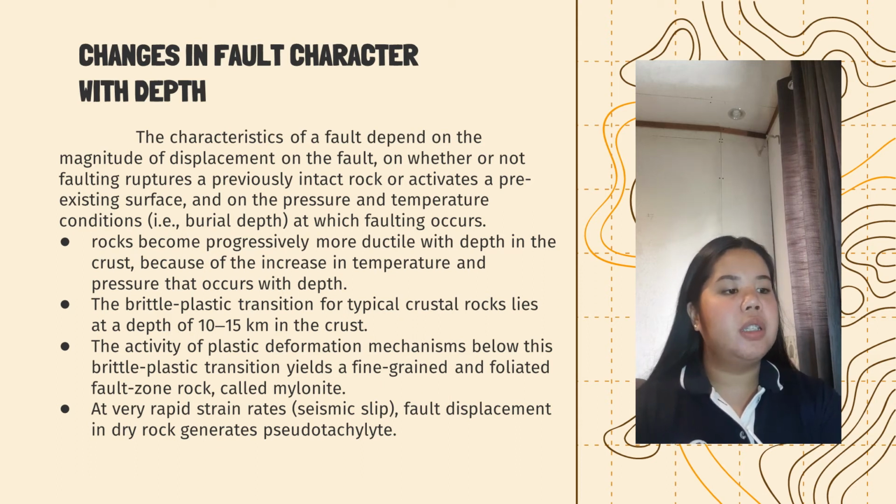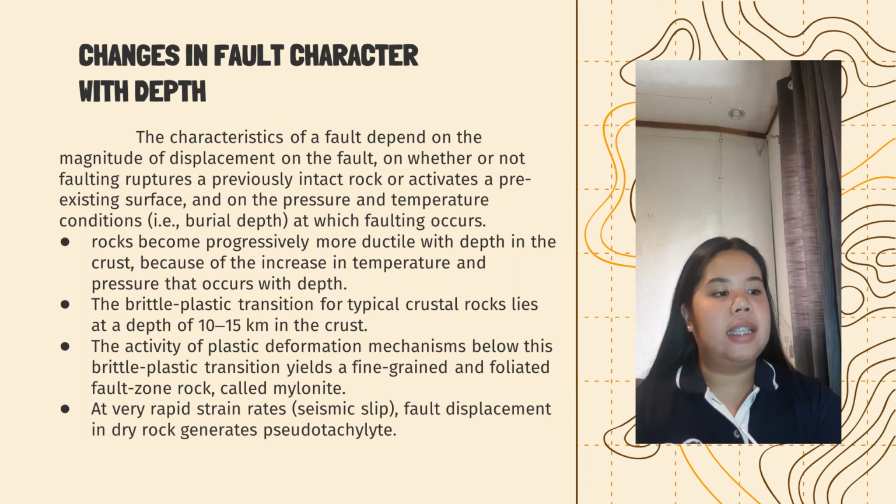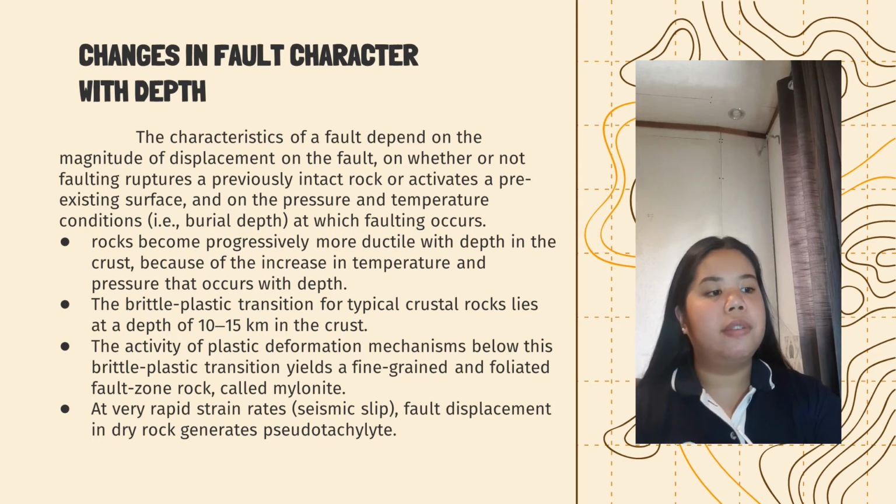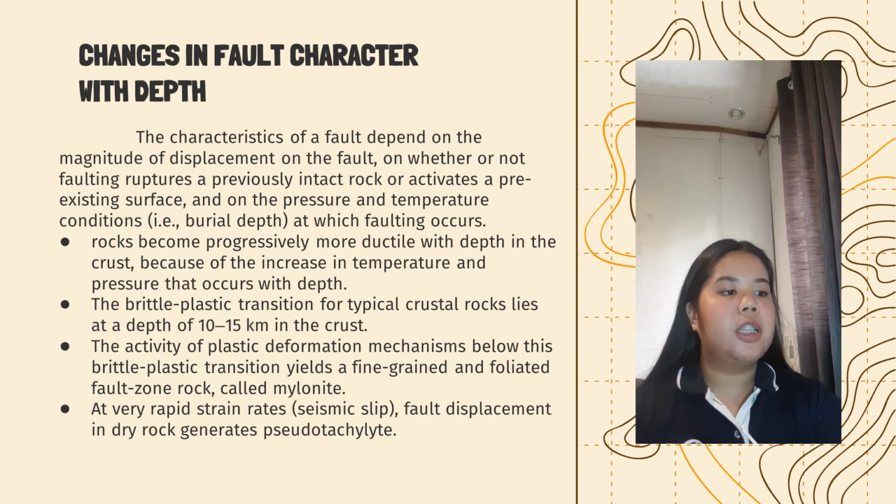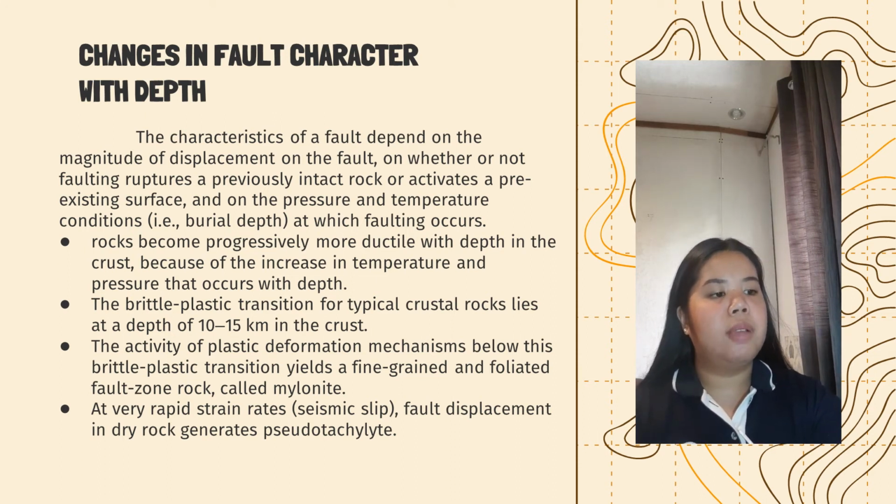A given shear zone interval may therefore contain both mylonite and cataclasite, either as a consequence of variations in strain rate at the same depth or because progressive displacement eventually transported the interval across the brittle-plastic boundary. At very rapid strain rates, fault displacement in rock generates pseudotachylite.